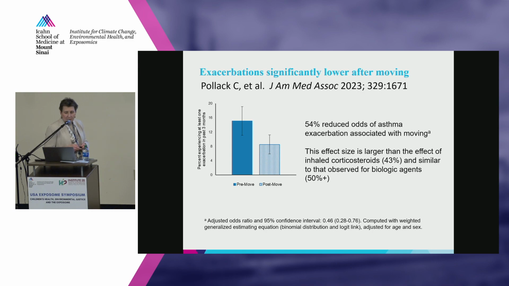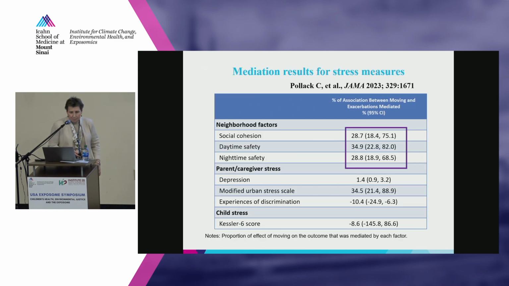Now, this effect size is larger than the effect of inhaled corticosteroids, the mainstay of treatment for asthma, at 43%, and similar to that observed for biologic agents, which we use as clinicians to treat these things, 50% or even higher. So you get a similar effect from this social intervention.